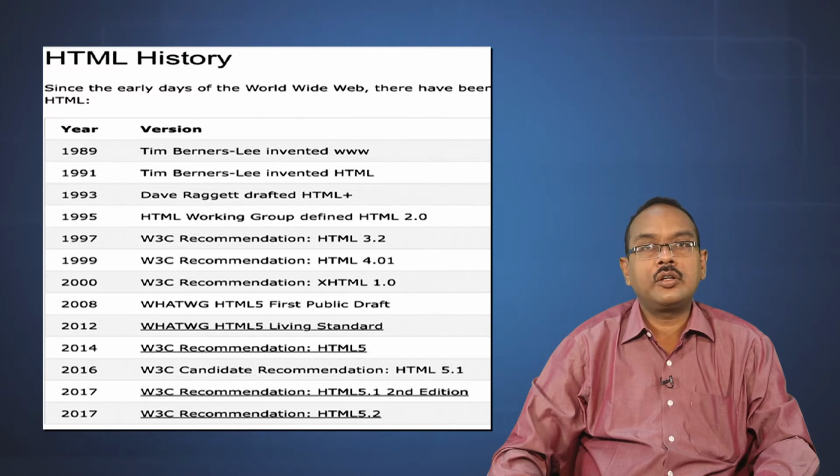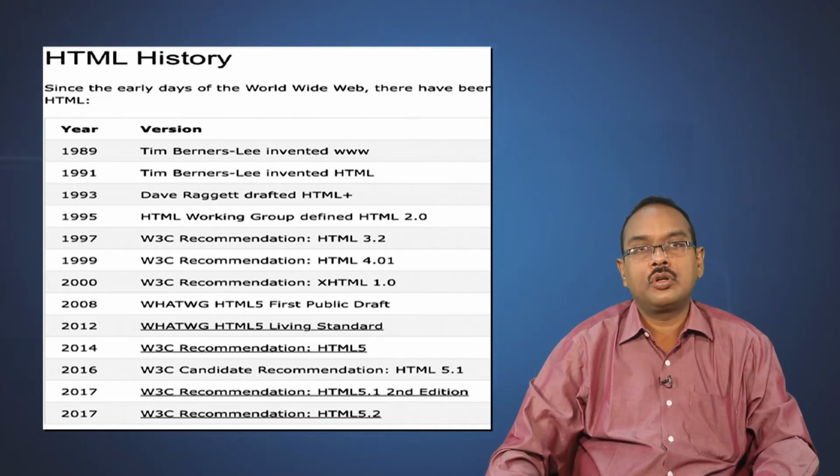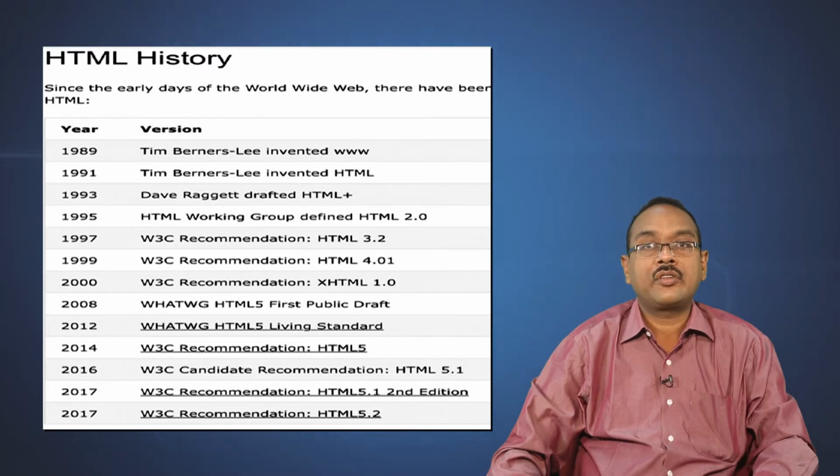In 1993 Dave Raggett drafted HTML+, in 1995 the HTML working group defined HTML 2.0, and in 1997 we have the W3C recommendation HTML 3.2 document. So, in a span of 2 years we had a version change of 1.2, from HTML 2.0 to HTML 3.2. Then we have HTML 4.01 in 1999 and XHTML 1.0 in 2000.